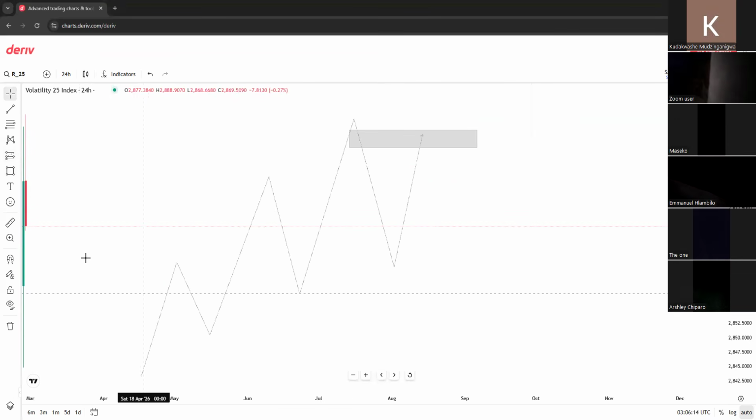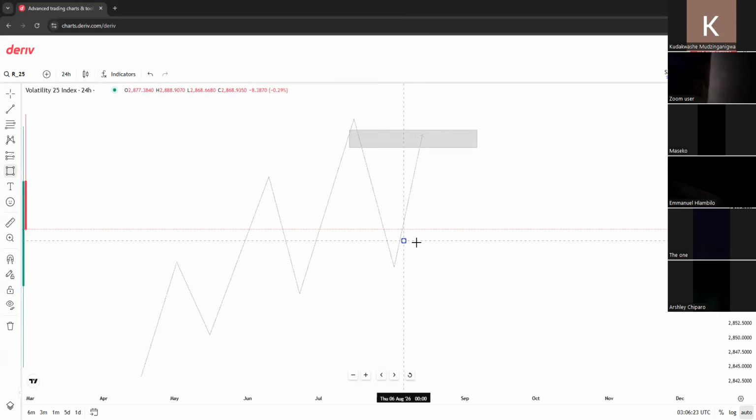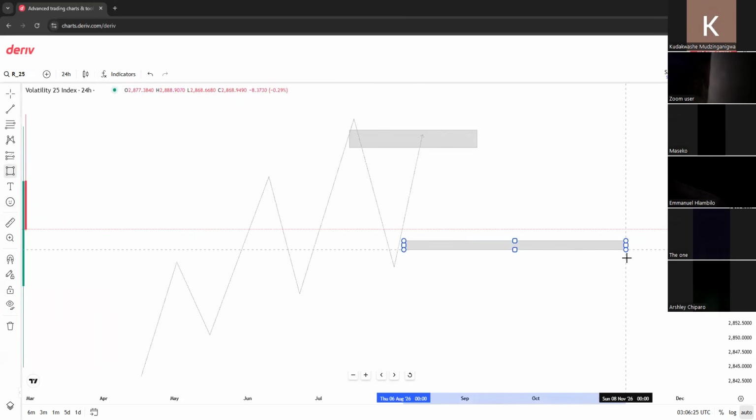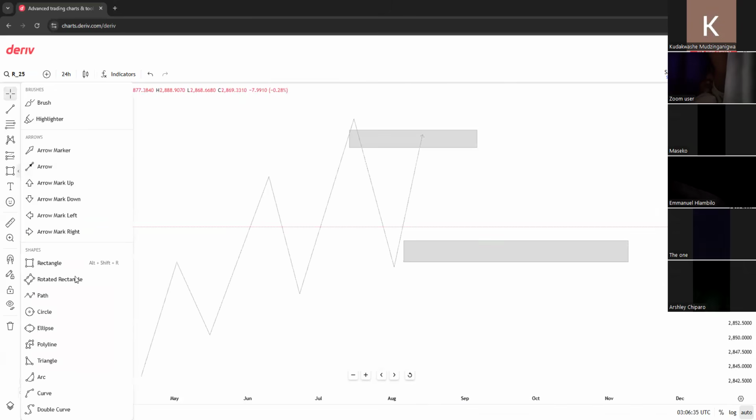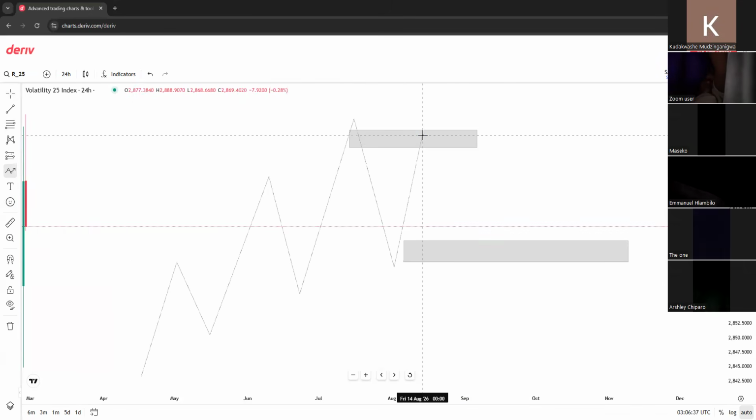But there are instances where it's respected and price feels like it hasn't done enough. It comes again, respects the one at the bottom, and then finally moves up, right?